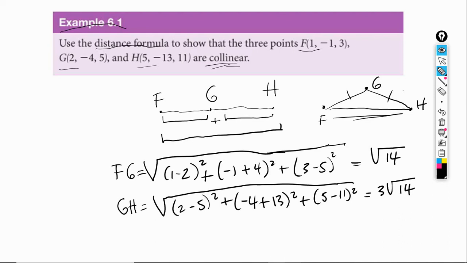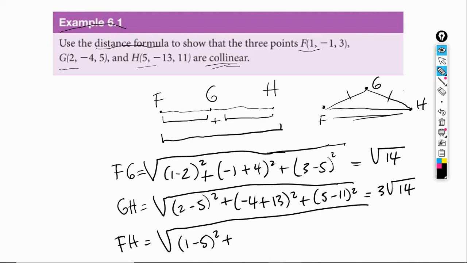And then finally, we have to find FH. So FH would equal the square root of the difference in the x coordinates, so 1 minus 5 squared, plus negative 1 minus minus, so negative 1 plus 13 squared, plus 3 minus 11 squared.